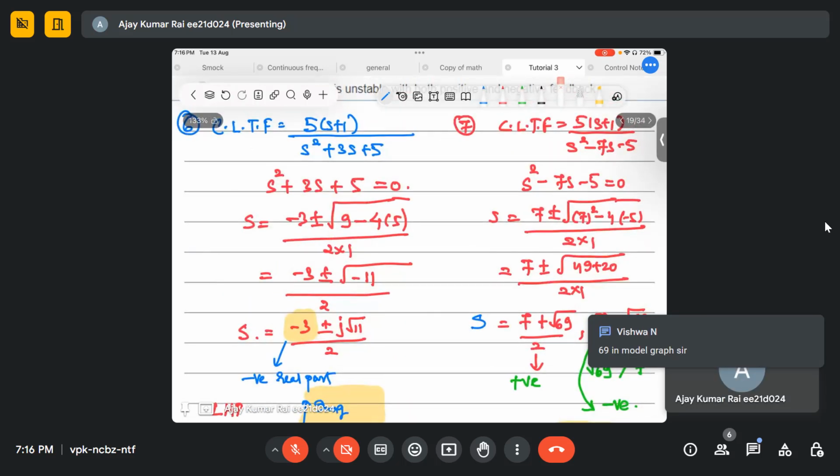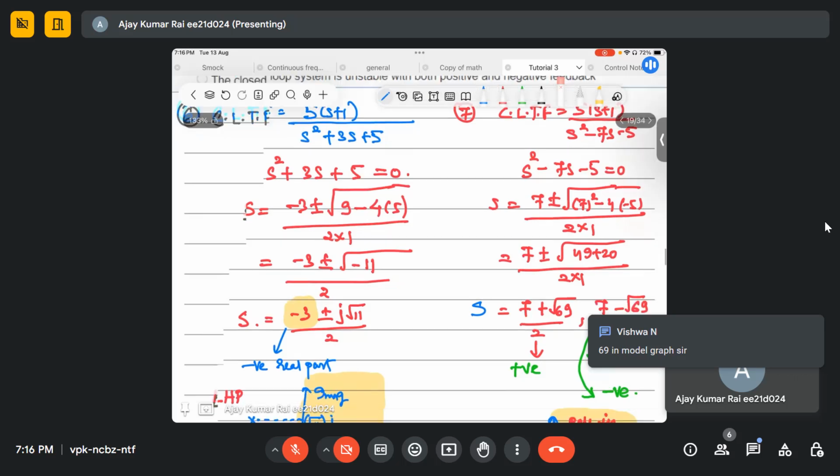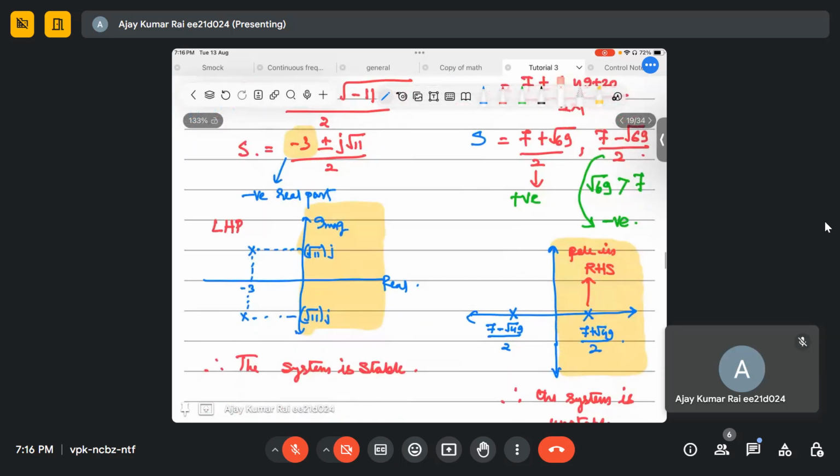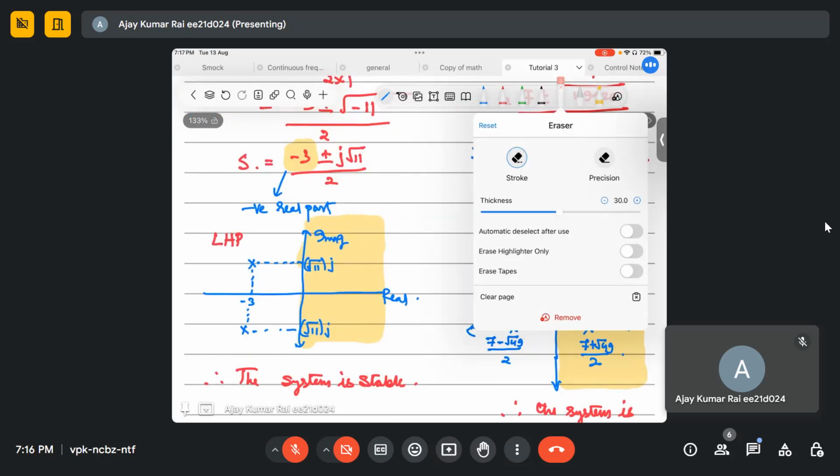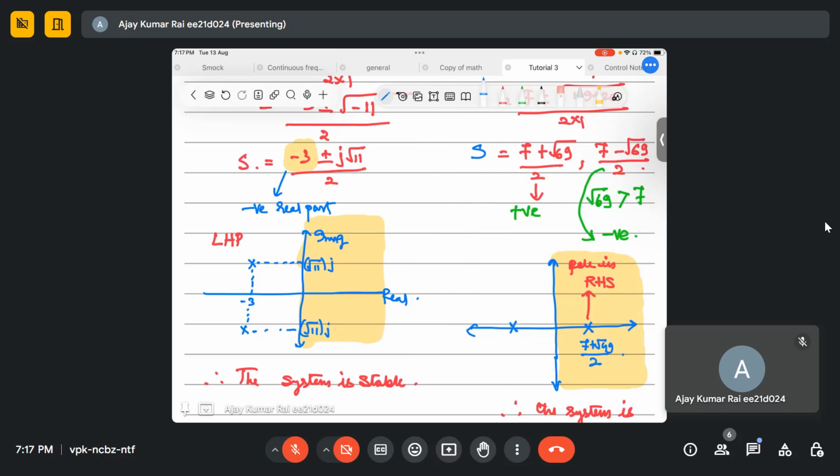Okay, this is not 49, so this is like 7 minus root of 69 by 2. Okay, so this is 69. So this is correct. Thank you. So the first statement is correct.